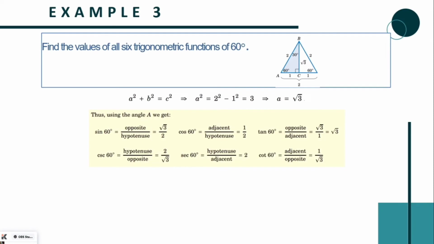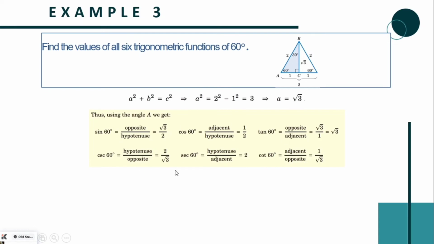So now, using the angle A, which is 60 degrees, we can get the following trigonometric functions of 60 degrees. So sine 60, again, sine is opposite over hypotenuse, that's square root of 3 over 2.